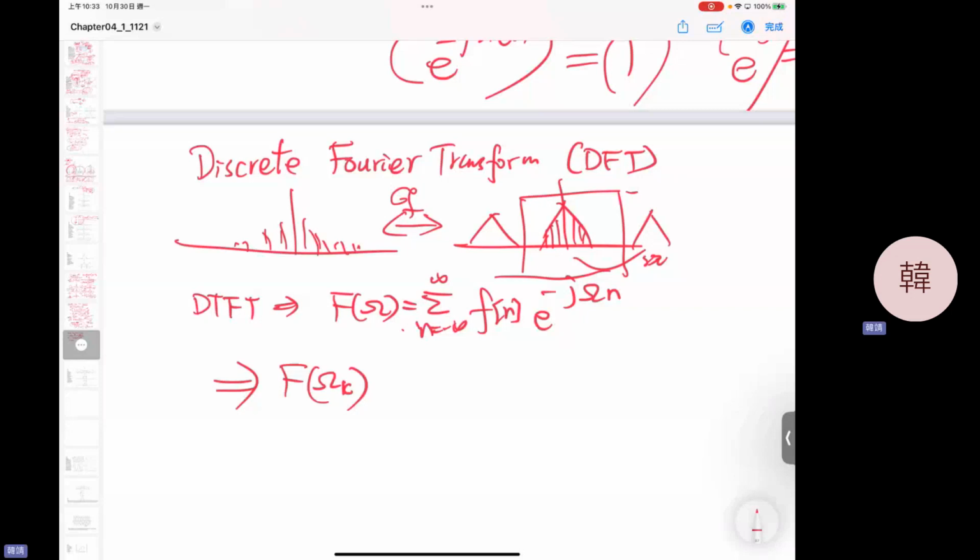Points only in the time domain or spatial domain, limited. And f of n times e to the minus j omega k n. What is omega k there? I just told you. I'm going to sample the continuous spectrum into a discretized spectrum.